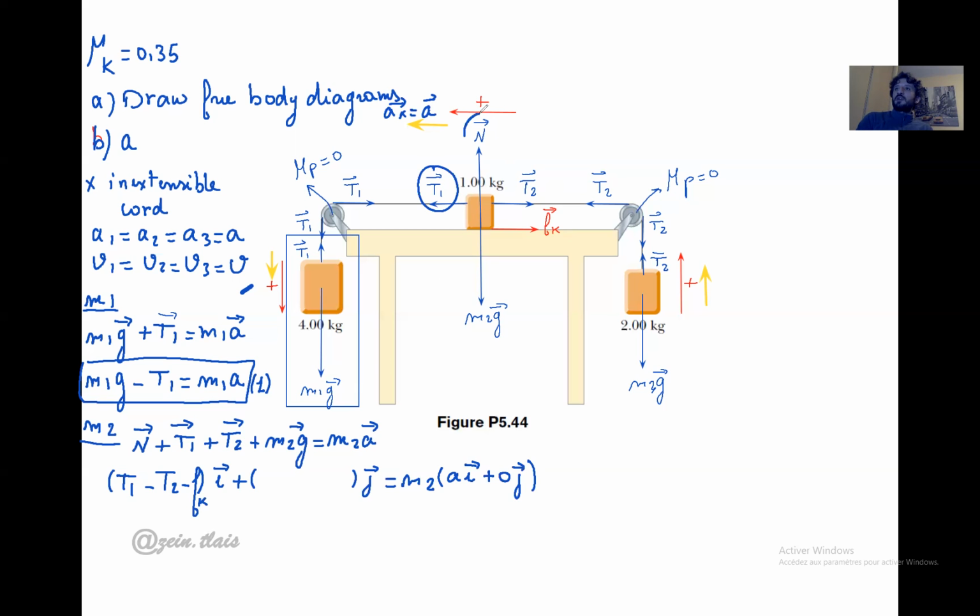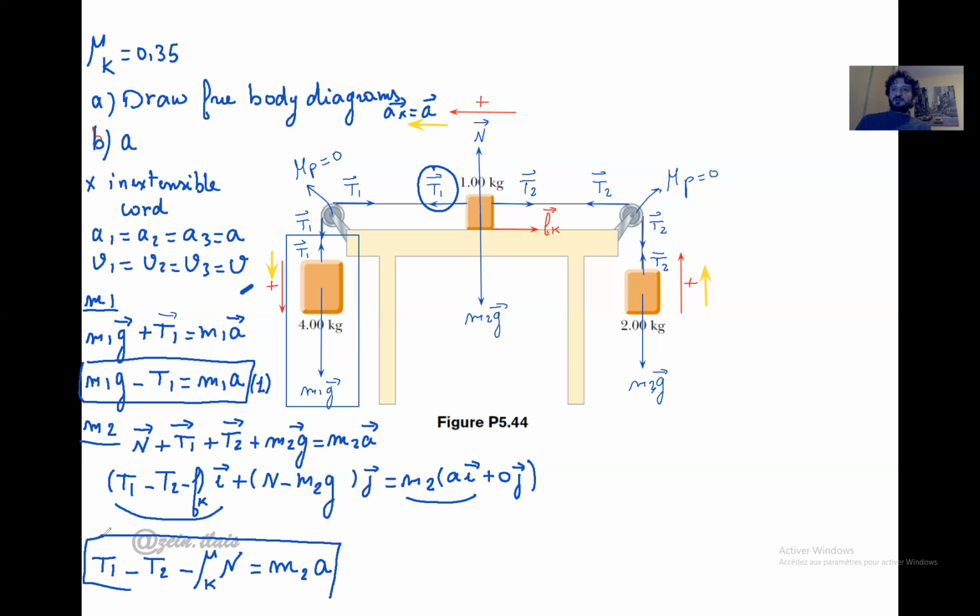In terms of y, we have N positive and M2g negative, so N minus M2g. Okay, we take i components and j components. We get T1 minus T2 minus Fk, equal to mu N, okay, mu kinetic N, equals M2A.